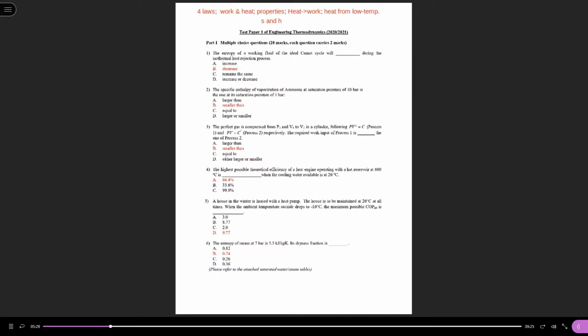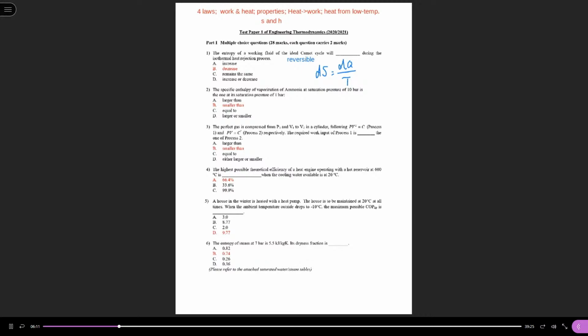The first question: the entropy of the working fluid of an ideal Carnot cycle. The ideal Carnot cycle is reversible. During the isothermal heat rejection process, for a reversible process, the change of entropy is proportional to the heat flow.